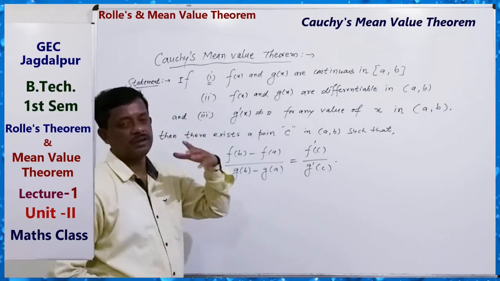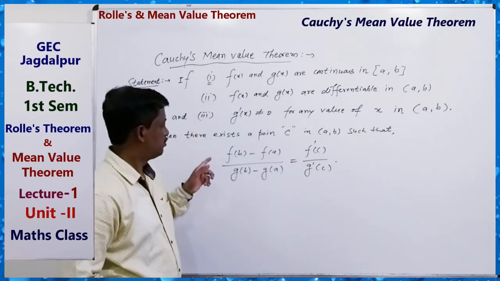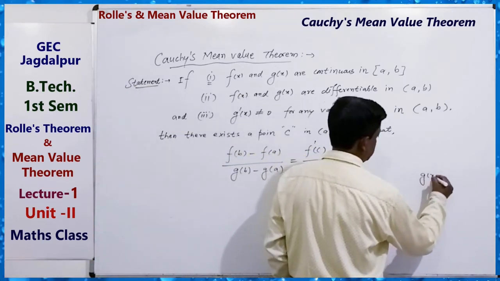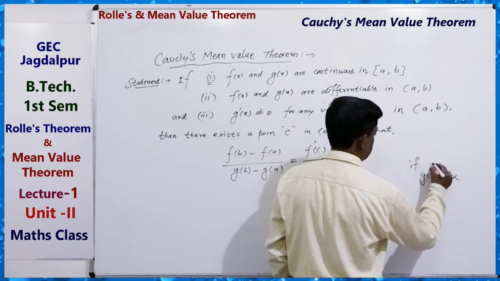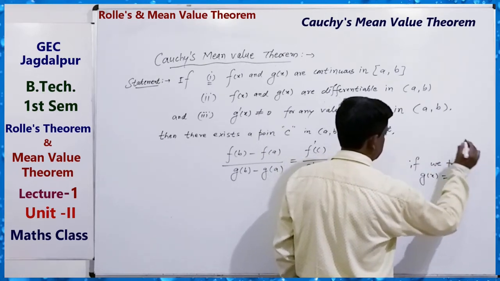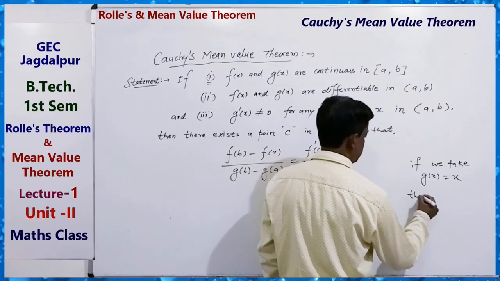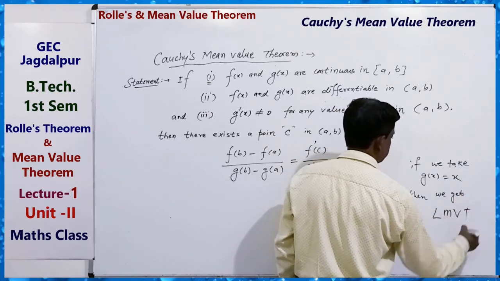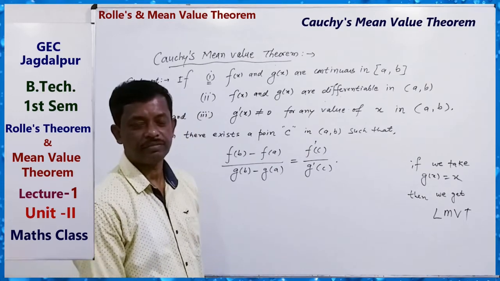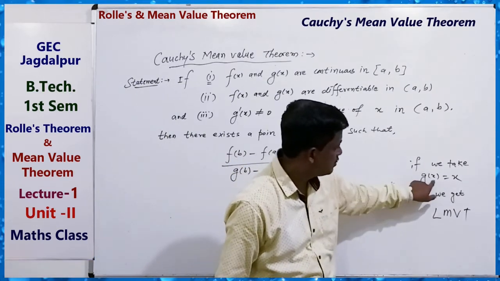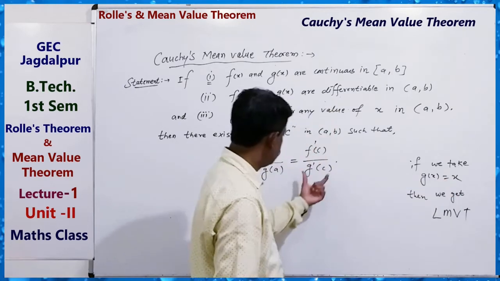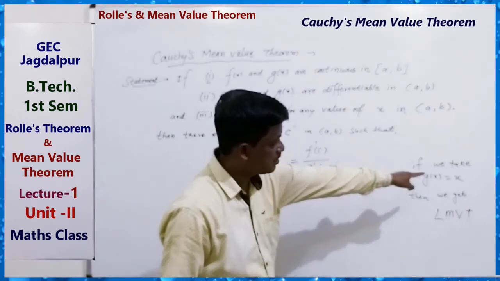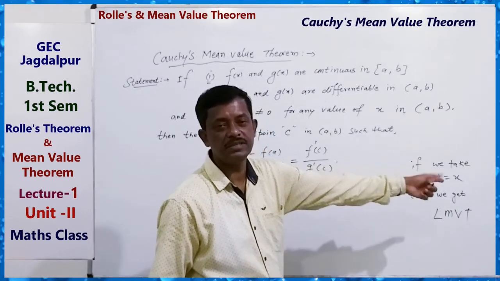If we take g(x) as the identity function, g(x) = x, then we get the Lagrange mean value theorem, because its derivative g'(x) will be 1, giving f'(c). And g(b) minus g(a) means b minus a.